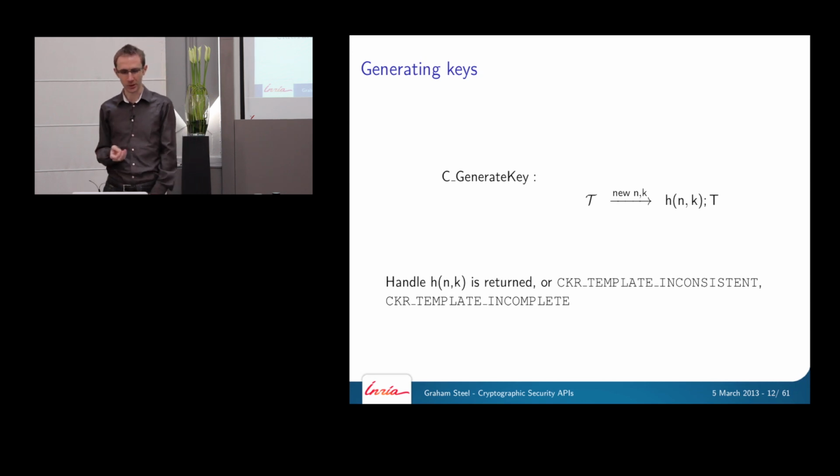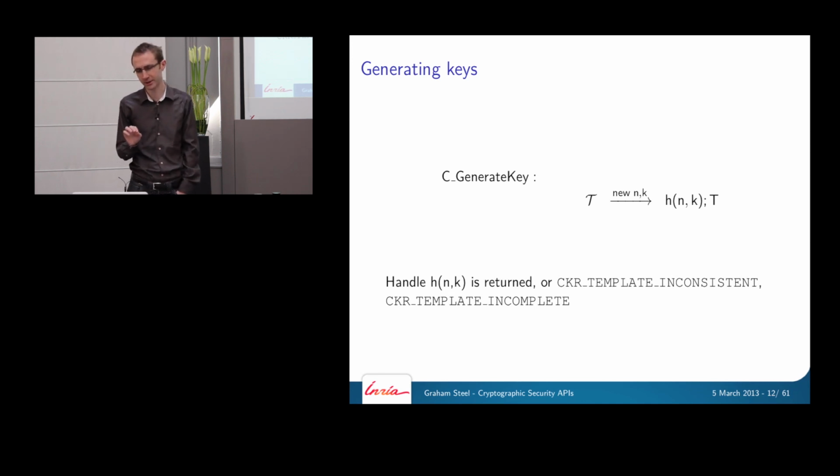Or you might get a message saying you haven't given enough specification in the template to tell me how I should generate the key. For example, you didn't tell me what length of key you wanted. But exactly what error messages to give back in what situation is very underspecified in the standard. So every PKCS 11 device that you ever have to use, you'll find that it has a different set of rules for when it gives you back these error messages.